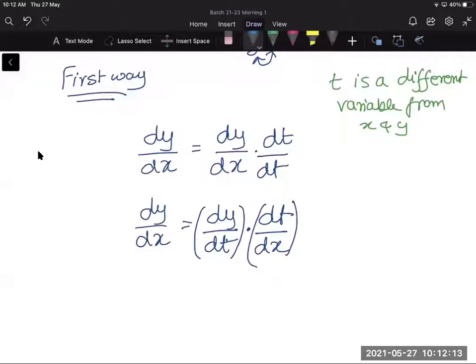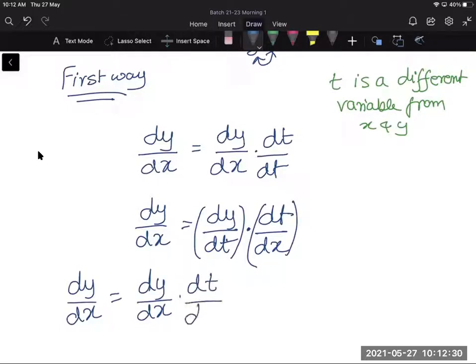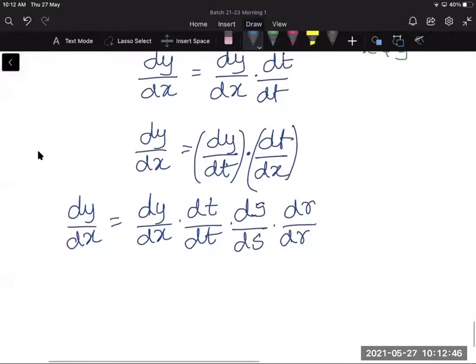The answer is yes, you can. Let's do that. So you can also write dy by dx as dy by dx into dt by dt, into ds by ds, into dr by dr, and any number of variables that you want.